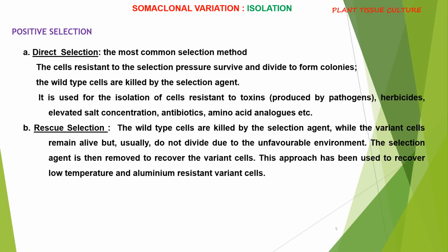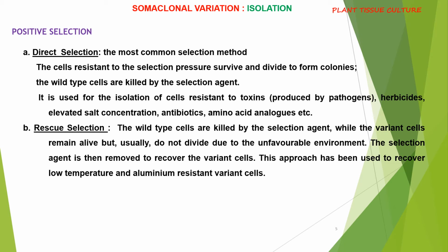Positive selection by means of rescue selection. In this method, the wild type cells are killed in the selection media. The variant cells or the somaclones survive in the selection media but cannot grow or flourish due to the unfavorable environment.